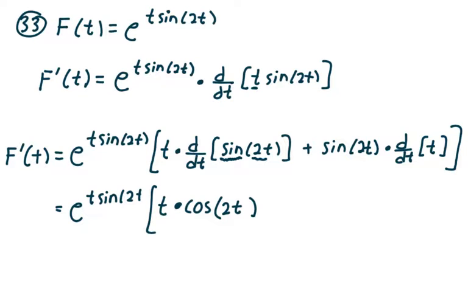But don't forget, you have to multiply by the derivative of the inside function. The inside function is 2t. So I'm going to multiply by 2. And then I'm going to add sine of 2t multiplied by the derivative of t with respect to t, which is 1.